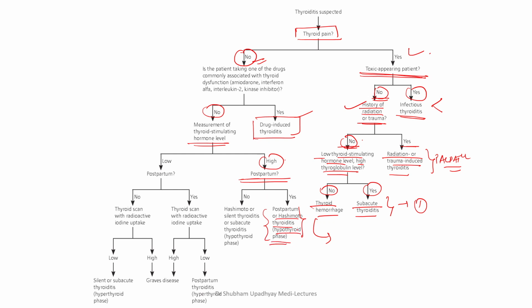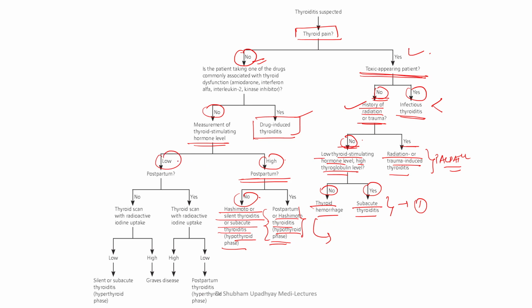In late stages, Hashimoto thyroiditis will end up into hypothyroidism. This will be associated with high TSH. If the TSH is high and patient is not postpartum, then it can be Hashimoto or silent thyroiditis or even subacute thyroiditis in the hypothyroid phase.